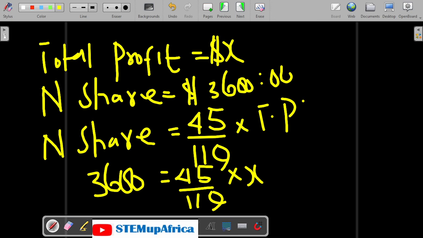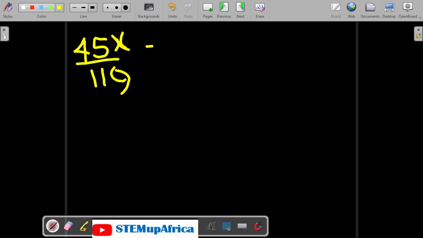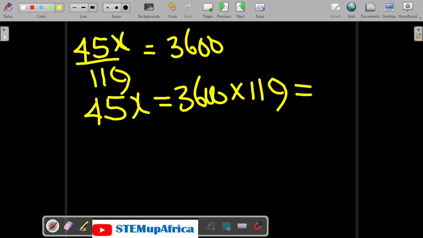If I simplify this, I'm going to have 45x over 119 is equal to 3,600. Let's cross multiply. So 45x will give us 3,600 times 119. So 119 times 3,600 will give us 428,400.